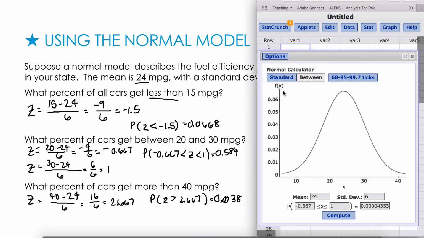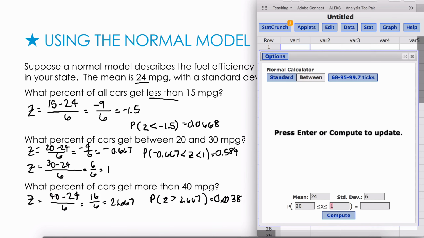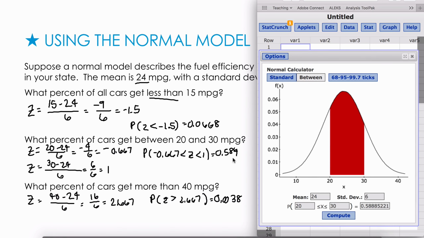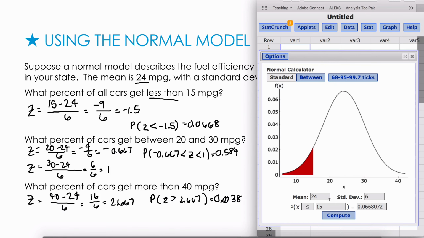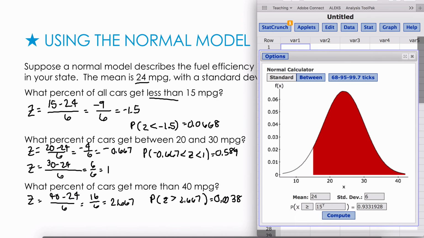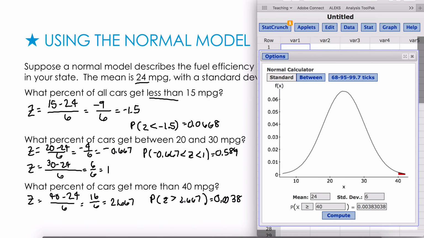Then I'm going to click on my between, and that was between 20 and 30. So 20 here, 30 here. And again, I get the same value. And then for my last one, I'm going back to standard, and I'm looking at greater than 40. And I get the same answer yet again.